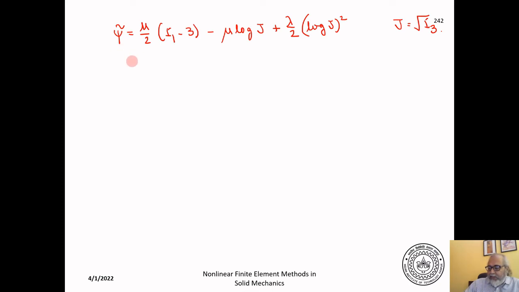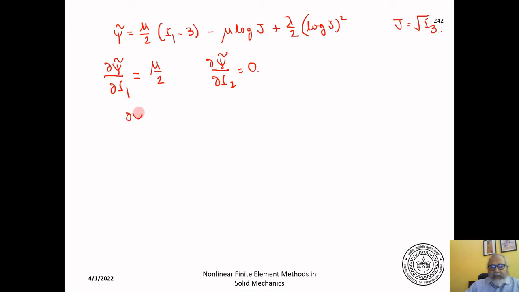So let us calculate these derivatives. So we have del psi hat del I1 is equal to simply mu by 2. There is no dependence on I2, so del psi hat del I2 is 0.